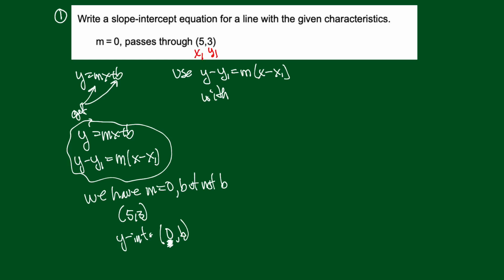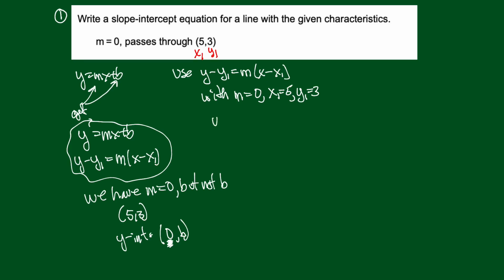This is the first and only x I see. So I'm going to use this form with m equal to 0. We're given that. x1 is 5, the first x I see, the only x I see. And y1 is 3, the first y I see, the only y I see.